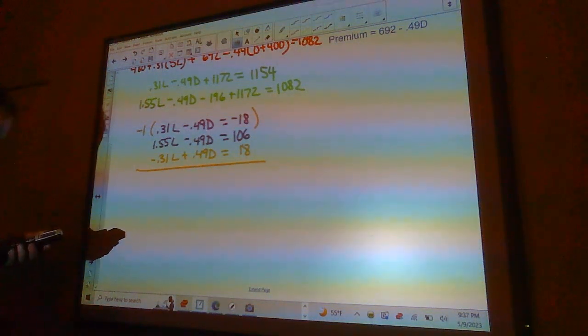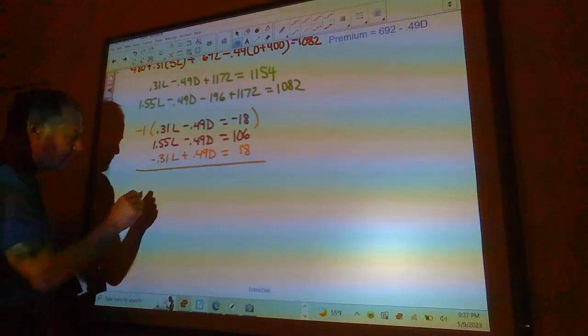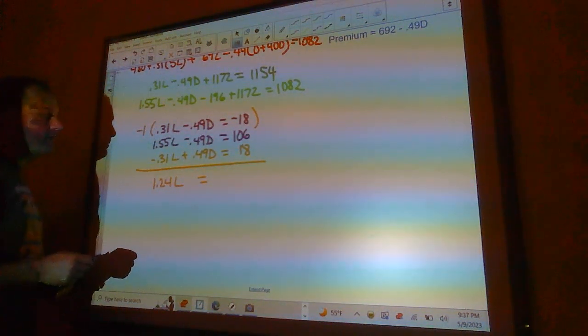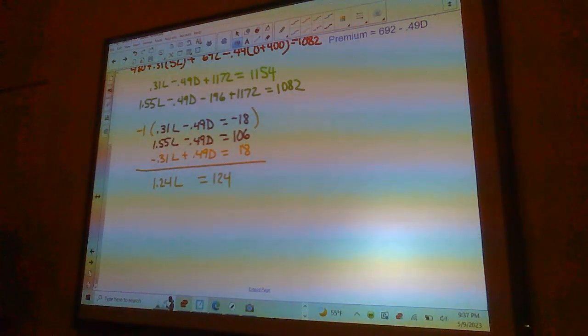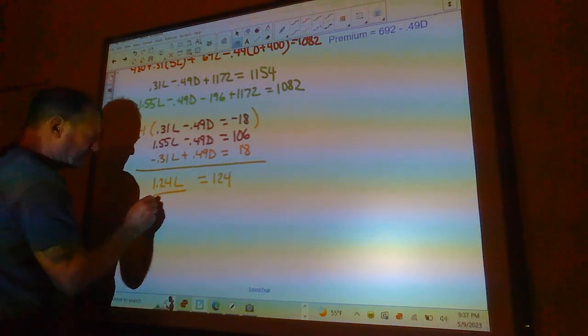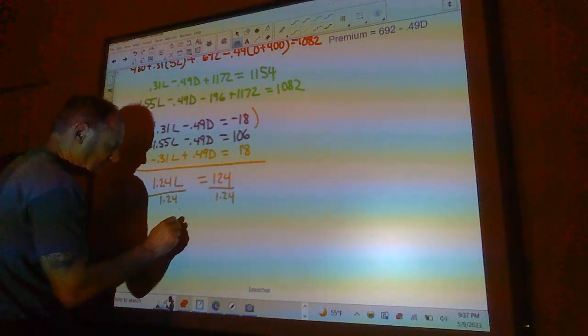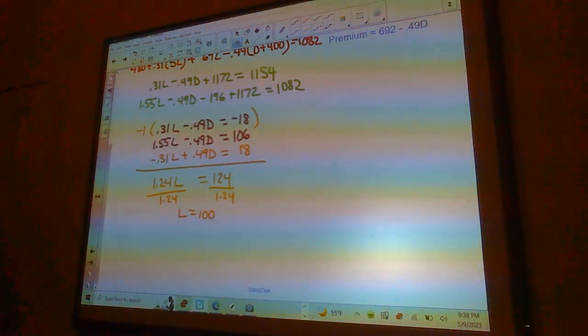So 1.55 minus 0.31, that's 1.24. L is going to equal 124. And then I divide both sides by 1.24. And I get L equals 100, which really means $100,000 worth of insurance.